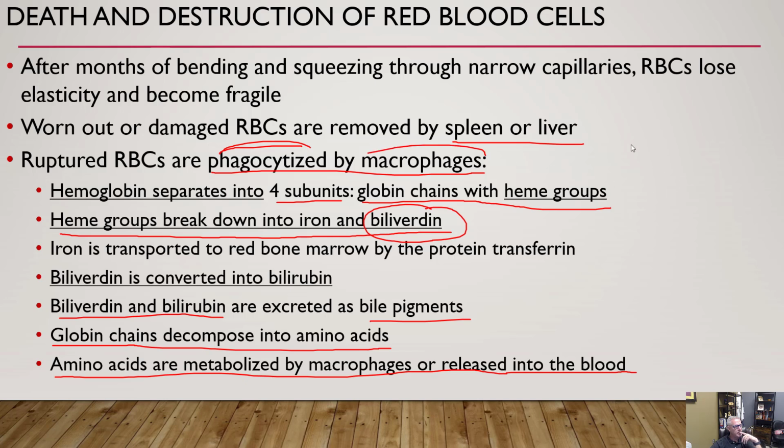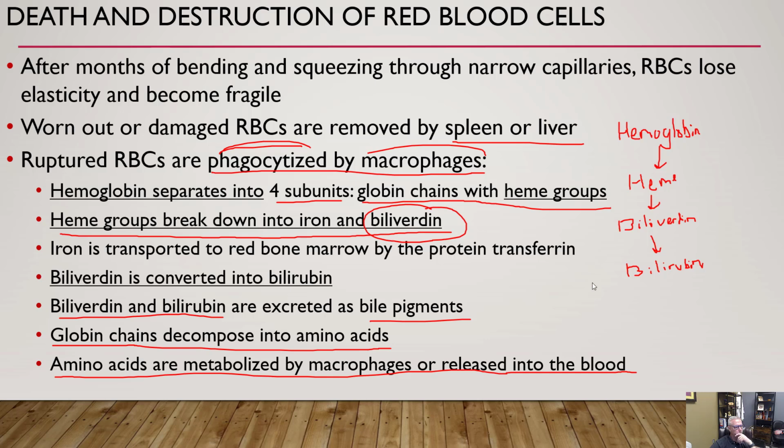So really, what I want you to remember is that this hemoglobin is going to get broken down into heme, which is going to get broken down into biliverdin, and then into bilirubin.